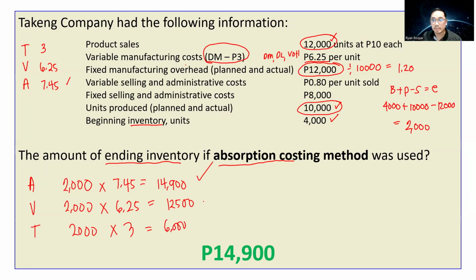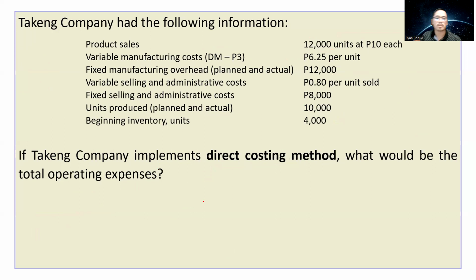Okay, let's have question number 2. So if Taking Company implements direct costing method, remember direct costing method is also variable costing method. What would be the total operating expenses?